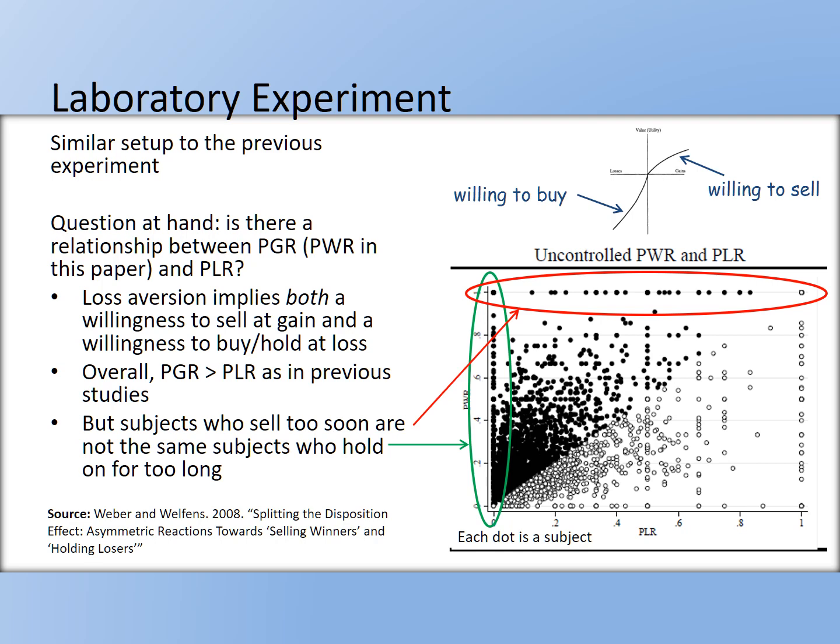There does seem to be, if you look at this part, people who are really willing to sell. So the red circle here represents people who are very willing to sell at a gain. They always sell at a gain. In this case, there seems to be no one in this particular group who always sells at a loss, right?